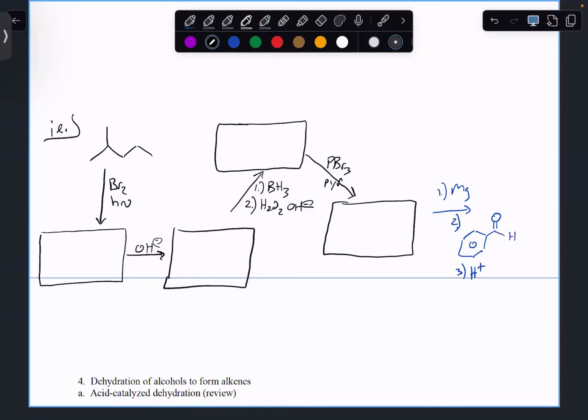So hopefully these first two or three steps are pretty straightforward for you. Stuff we've been doing for a while now. What are we doing in that first step of this sequence? Taking the alkane and treating it with Br2 and light.